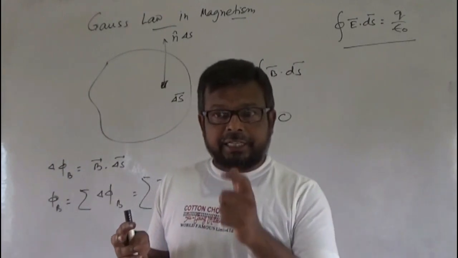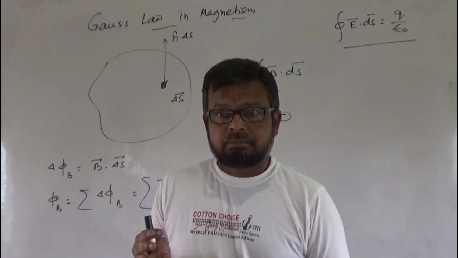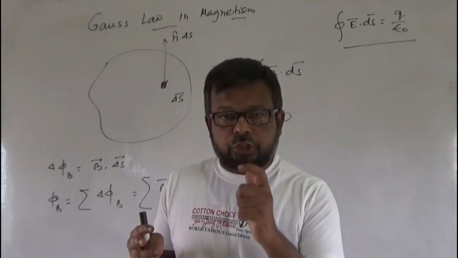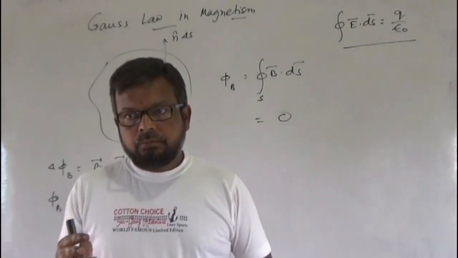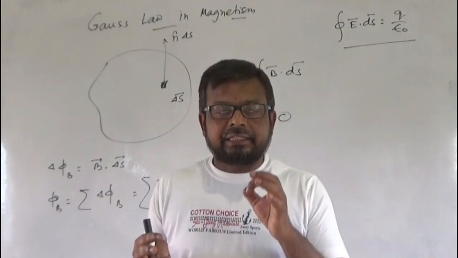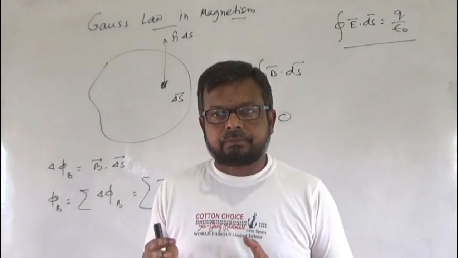If a magnetic monopole existed, then the magnetic flux would always have some non-zero value. Hence, according to Gauss's law, we can say that magnetic monopoles do not exist.